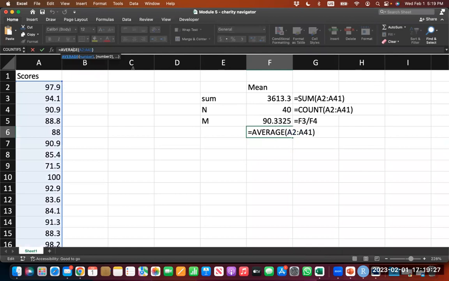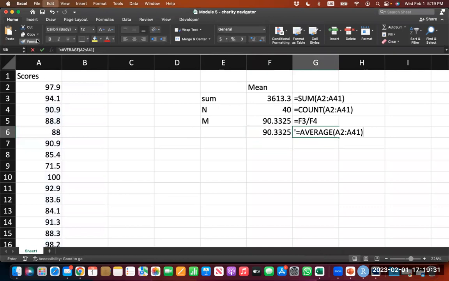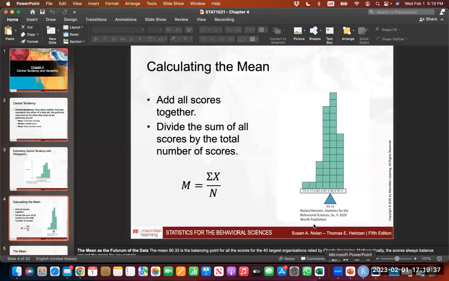Wait, let me already put that formula out. So it is the average function, average of A2 to A41. Okay. So this is the arithmetic mean. And what's the idea behind it? You want to have this central value. So you want to understand the distribution and you want to determine the center.